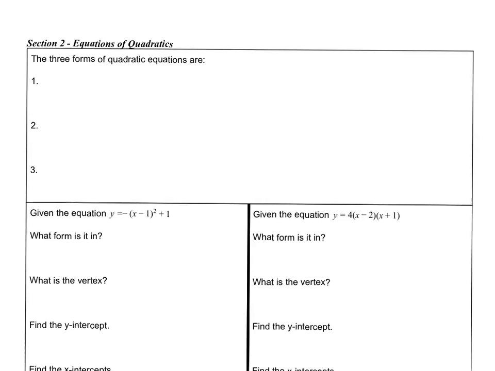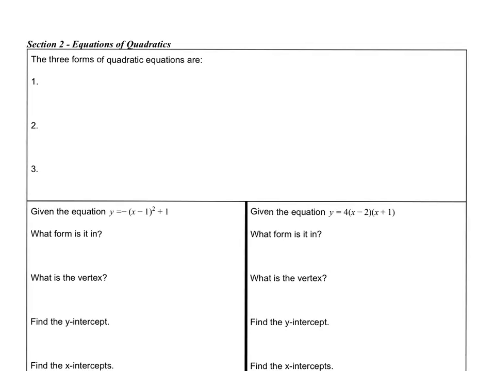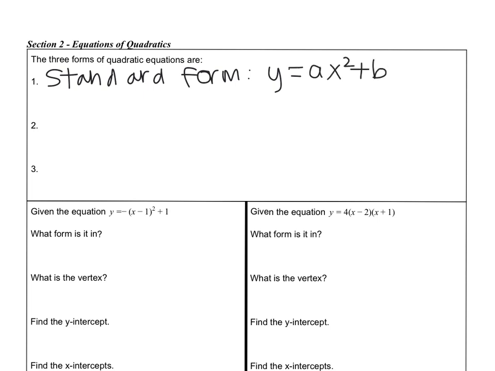So next we took a look at the 3 different forms of quadratic equations. We have standard form, which is y equals ax squared plus bx plus c.